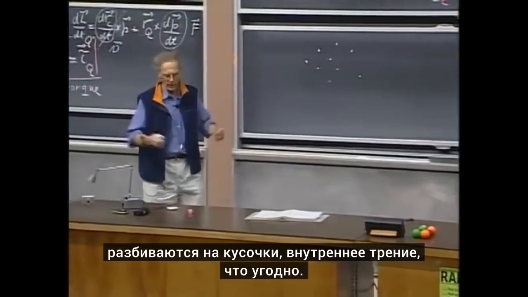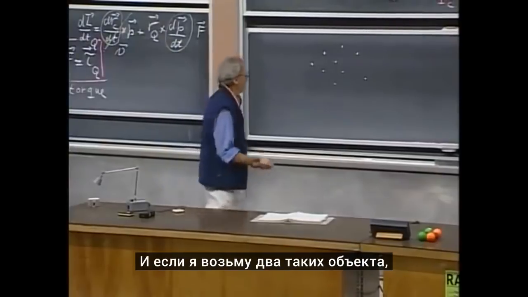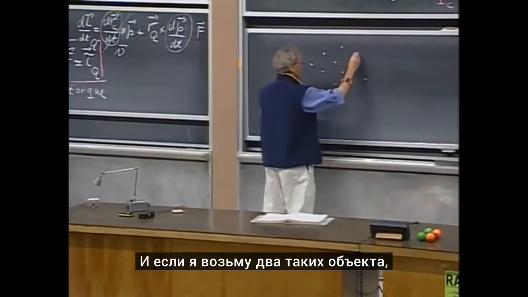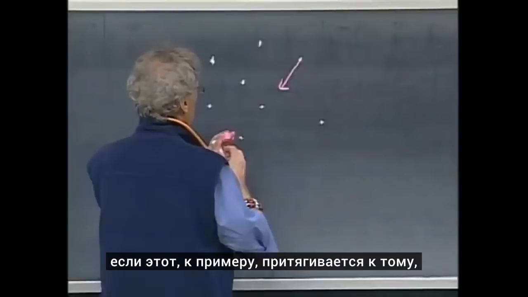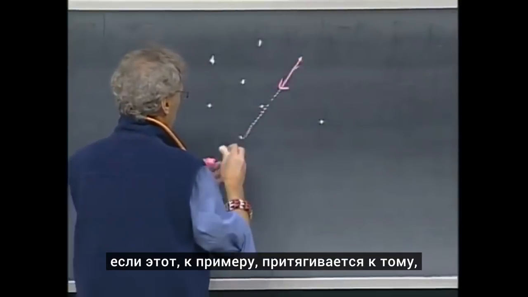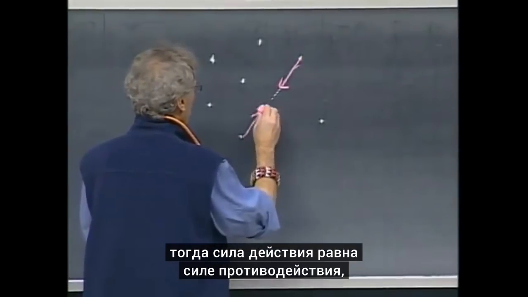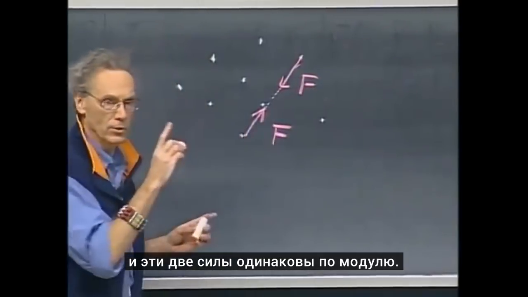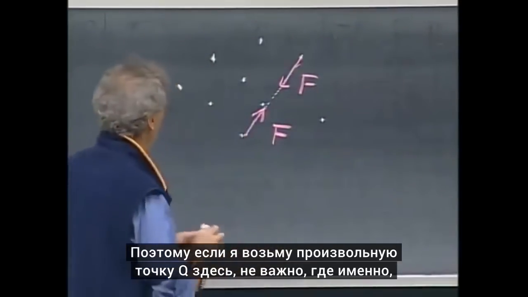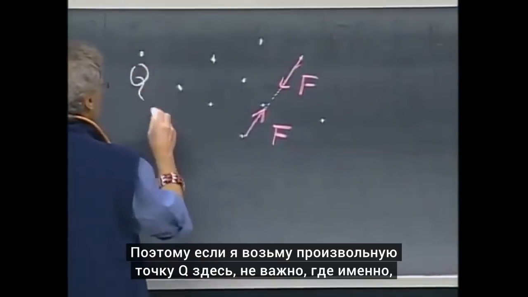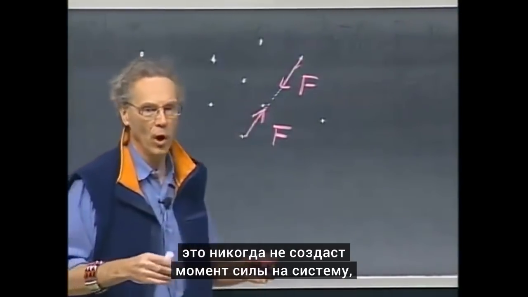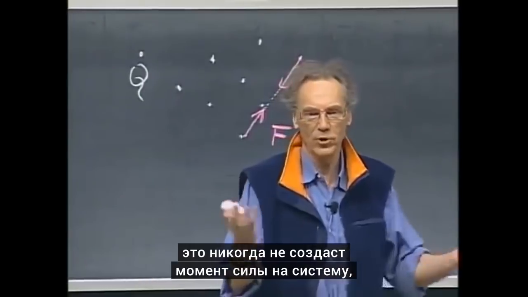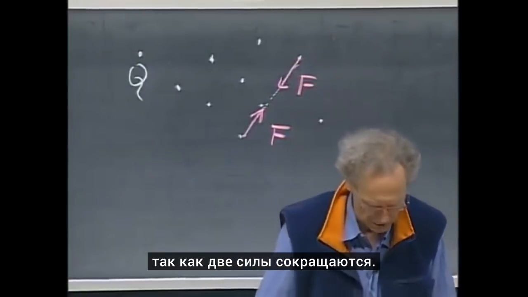Internal friction, anything. Then, if I take two of these objects, if this one, for instance, is attracted towards this one, then action equals minus reaction, then these two forces are identical in magnitude. So if I take any point Q here, no matter where you choose it, that will never put a torque on that system, because the two forces cancel each other out.